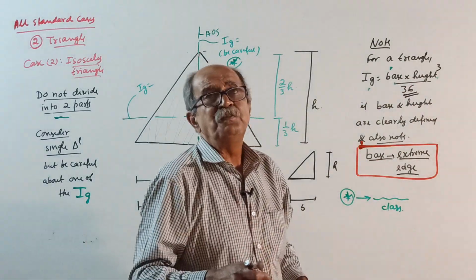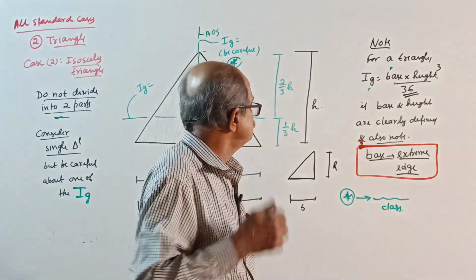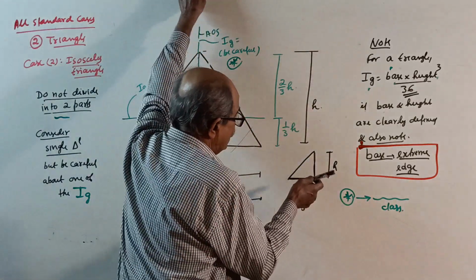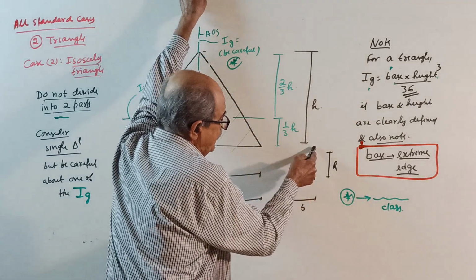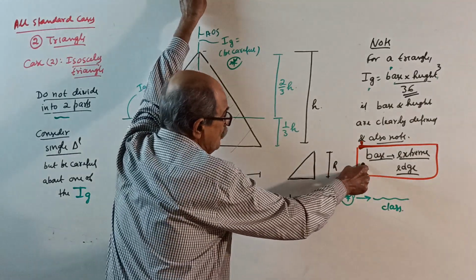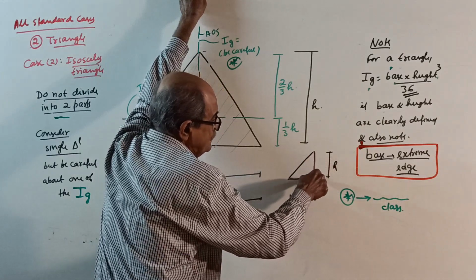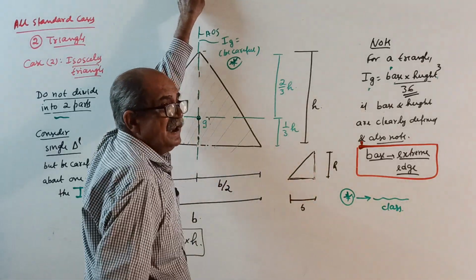Cubing, I already told you: parallel as it is, perpendicular to be cubed, 1000 times I told. Now see here. Make a note. If I look from this side, base, height clearly defined and base extreme edge. Or if I look from this side, this becomes the base, this becomes height. Again, base is clearly defined.